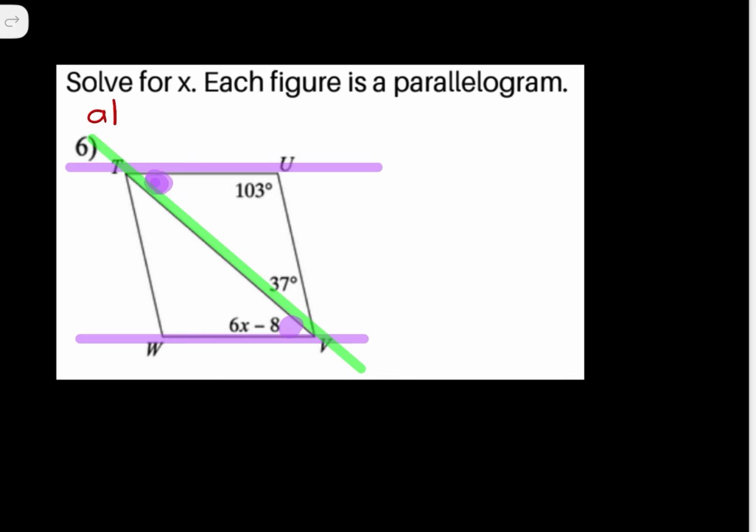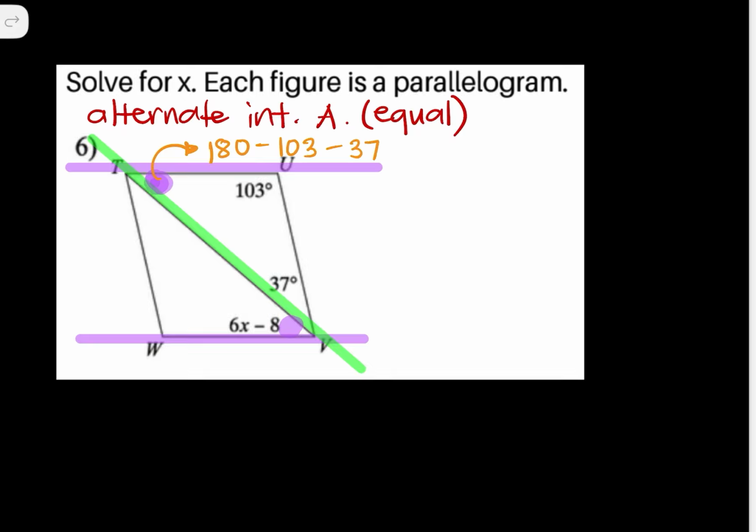Because this is an example of alternate interior angles. And alternate interior angles are always equal or are always congruent. So let's go ahead and find this angle. So we can do 180 minus 103 minus 37. And whatever is left is the measure of that angle, and that is going to be 40 degrees.